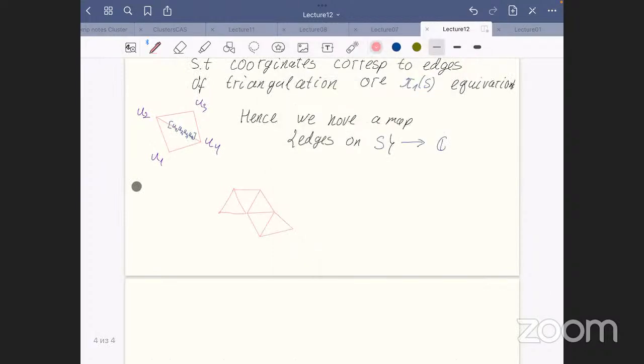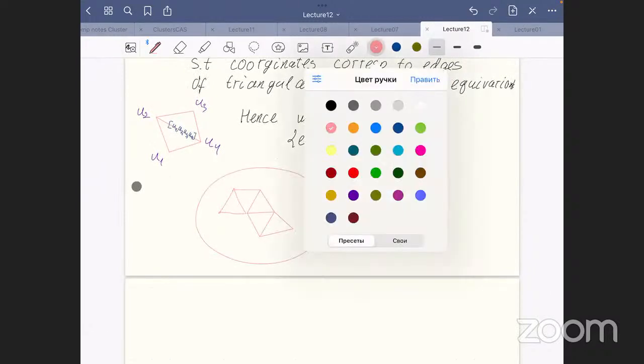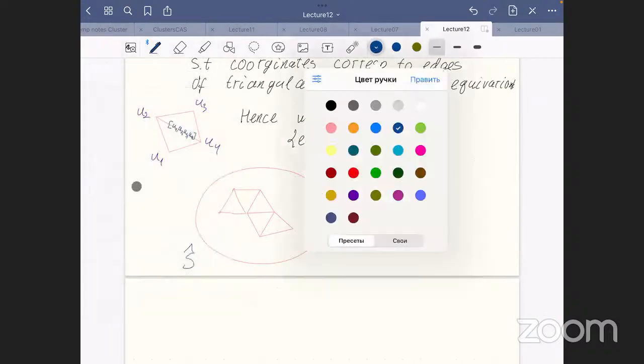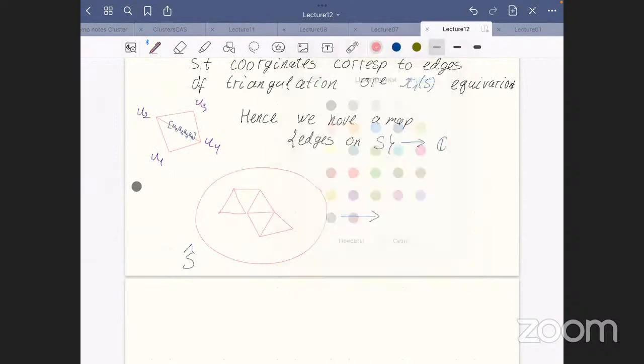This triangulation lives on the universal cover, and there is a map from universal cover to our original surface S. And this map is a quotient by the fundamental group which acts here.